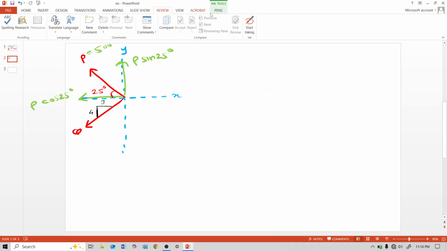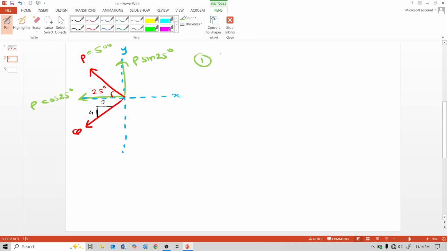First I will write here the horizontal component of the P force. I will nomenclature it as Px, because the x component is horizontal, so Px is equal to P cos 25-degree.